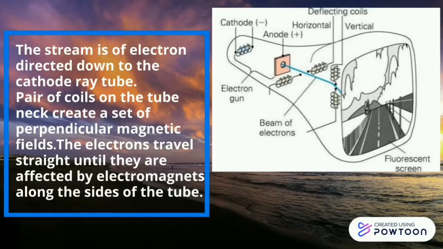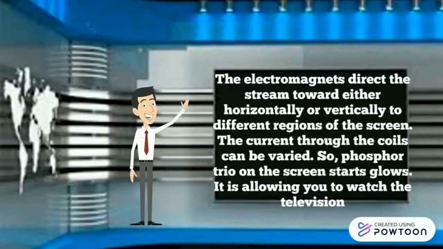A pair of coils on the tube neck creates a set of perpendicular magnetic fields. The electrons travel straight until they are affected by electromagnets along the side of the tube. The electromagnet directs the stream either horizontally or vertically to different regions of the screen. The current to the coils can be varied, so the phosphors on the screen start to glow, allowing you to watch the television.